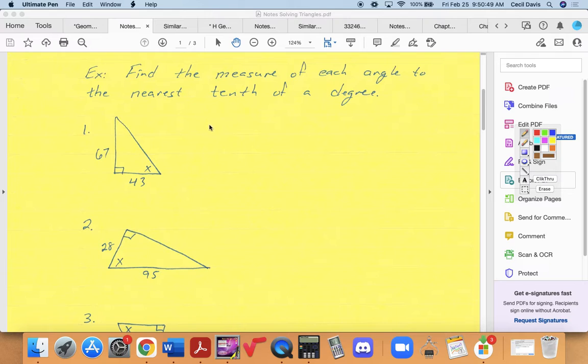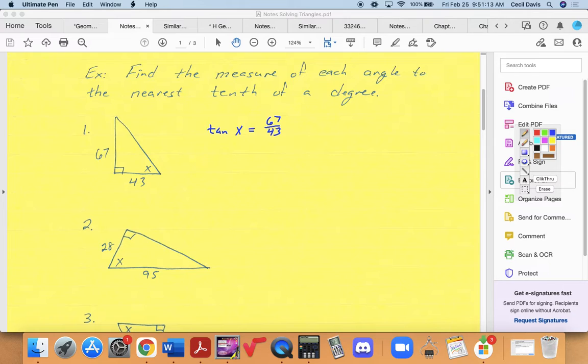So we're going to start with the equation just like we've been doing. It'll be the tangent of x is equal to 67 over 43. Then we want to get rid of the tangent, just like we wanted to get rid of the square root in that earlier problem where we had the square root of x was equal to 7.